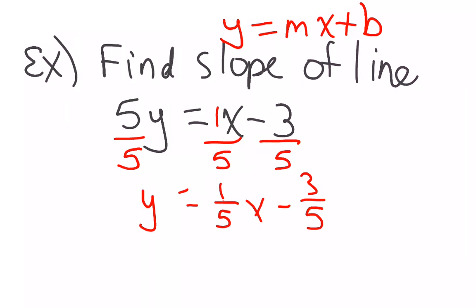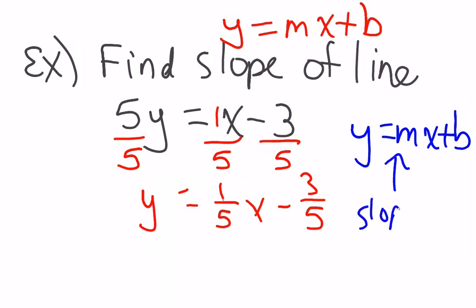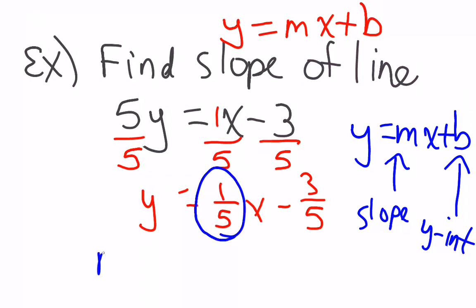So when something is written in the y equals mx plus b format, the m stands for slope, and the b stands for the y-intercept. So it's the number in front of the x, the coefficient. The coefficient in front of the x in this particular case is 1/5. So here, the slope is 1/5.